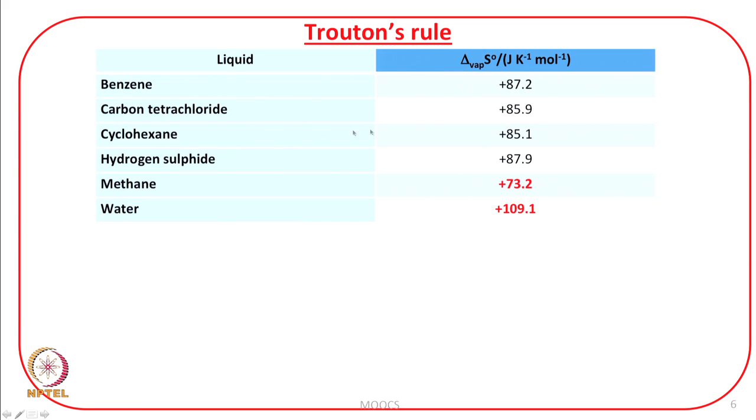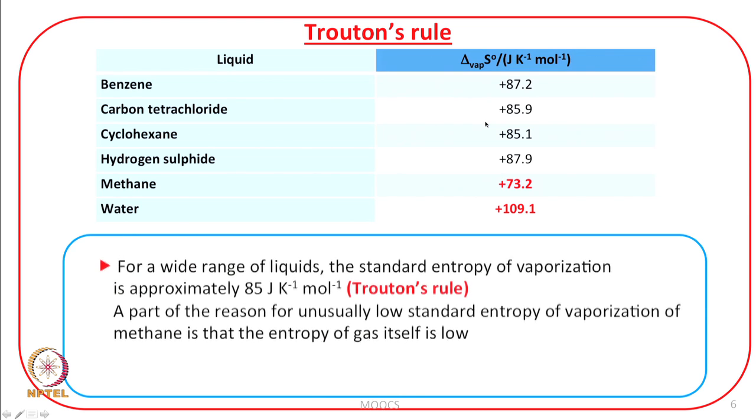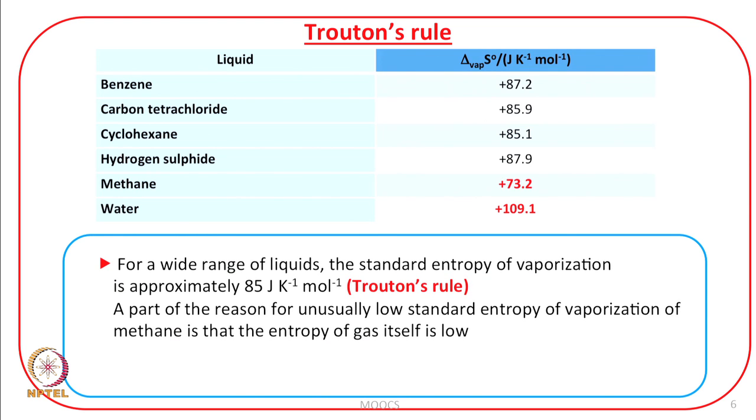For a variety of liquids, this value is about 85 joules per Kelvin per mole. This observation, for a wide range of liquids, that the standard entropy of vaporization is approximately 85 joules per Kelvin per mole, is Trouton's rule. The reason for this is that for a variety of liquids, when these are vaporized, almost the same amount of disorder is generated.